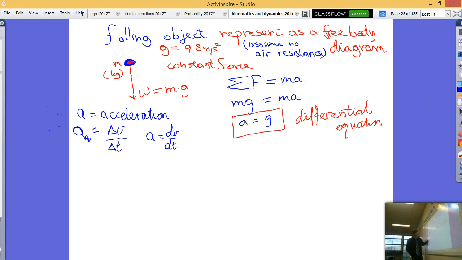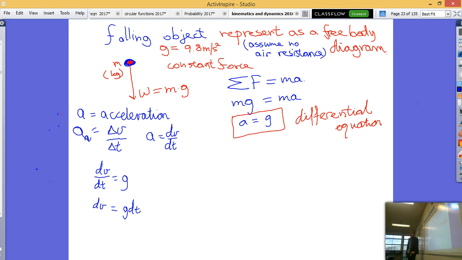Okay, so let's use our differential equation. dv dt is equal to g, a constant number. So dv is equal to g times dt.